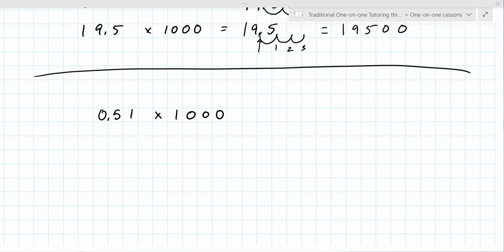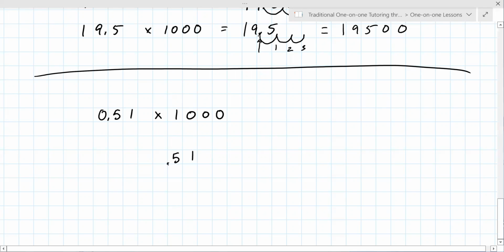I need help with this one. Okay, so how many places are you going to move the decimal to the right? 3. So you take that number, 0.51, and you move it 1, 2, and then 3. And then what do you do in the missing spaces? 0. So this becomes 510.